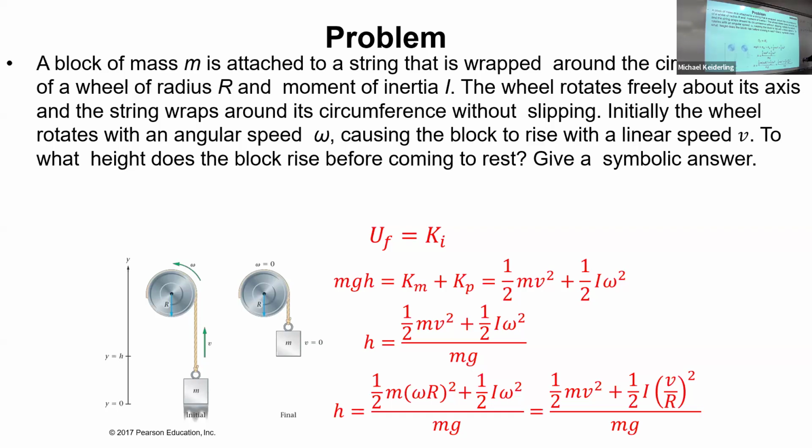we can combine some terms and we'll get, with a little bit of manipulation, v squared over 2g times 1 plus I over mr squared.